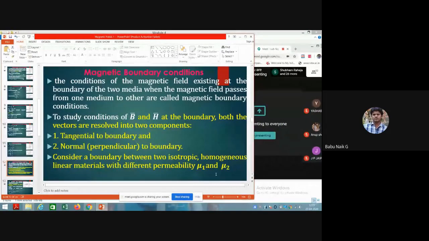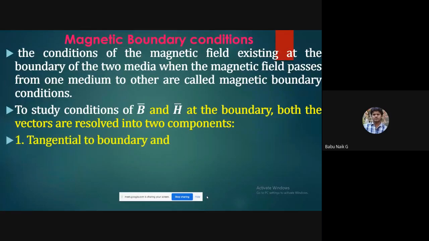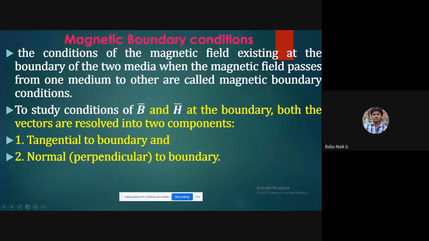We calculate them with two components: one tangential to the boundary, and the other normal to the boundary, which is perpendicular to the boundary line. With these two, we need to concentrate on the magnetic field and magnetic flux density.